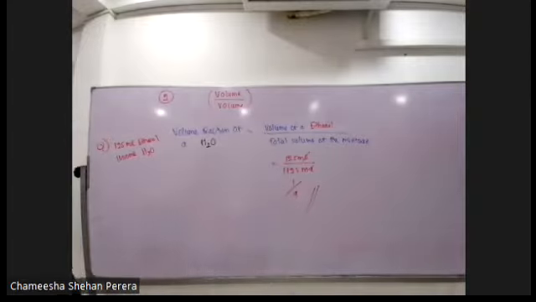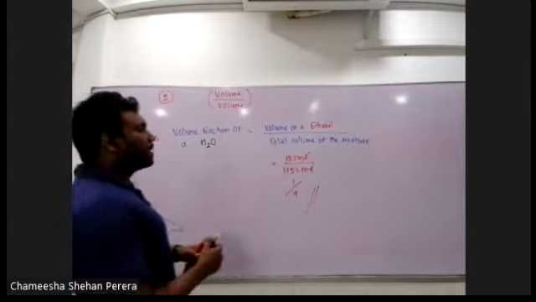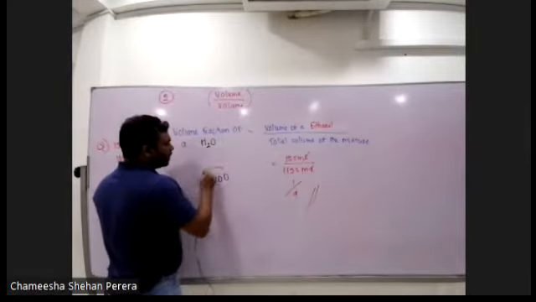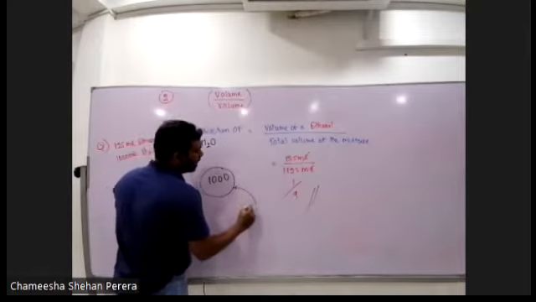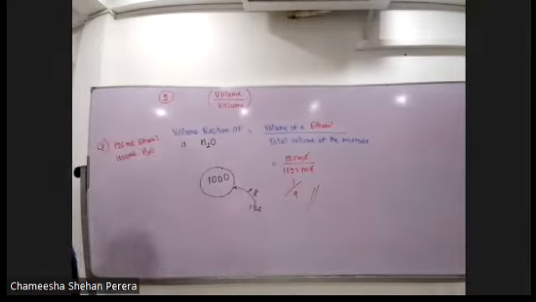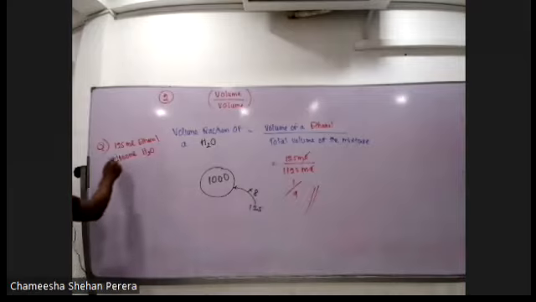Sir, I used the calculator, but I got 1 over 8. That's right, but the total mixture is not 1000. The total volume of the mixture is not 1000. There is 1000 ml of water and 125 ml of ethanol. Both of those are in the total mixture.